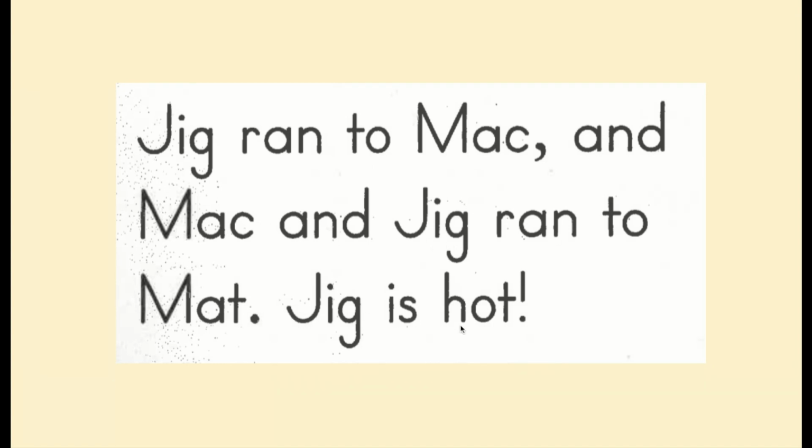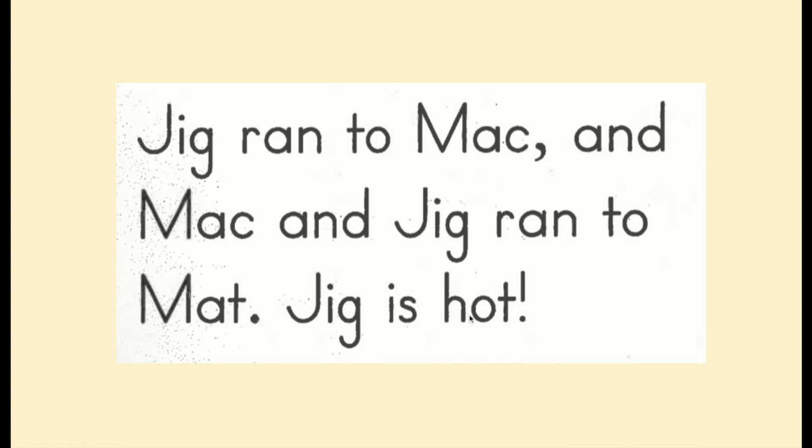Jig is hot. Remember that this comma tells us that we need to take a breath or a pause when we're reading this sentence. So let's make sure to do that when we read it this time. Ready? Jig ran to Mac, and Mac and Jig ran to Matt.